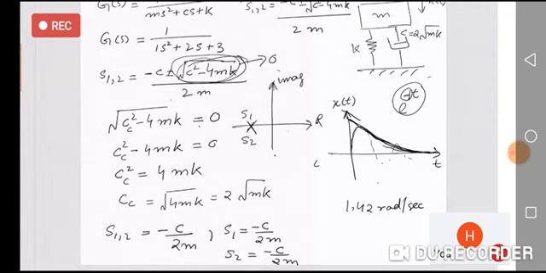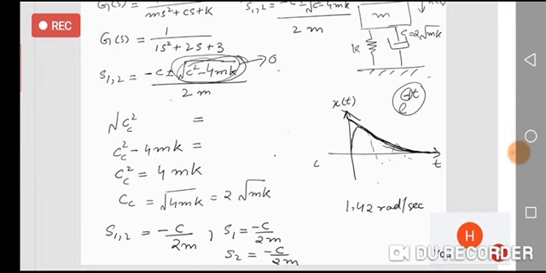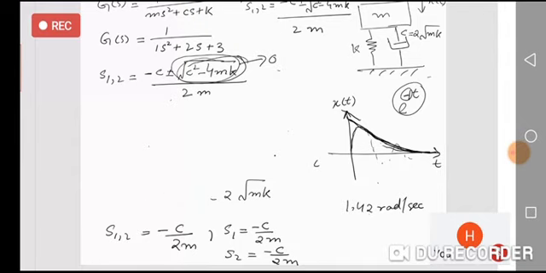Yes, sir. Okay? So, now let's move one step forward. So far we have discussed three cases: undamped system, underdamped system, and the third case, critically damped system. Now let's talk about the overdamped system.